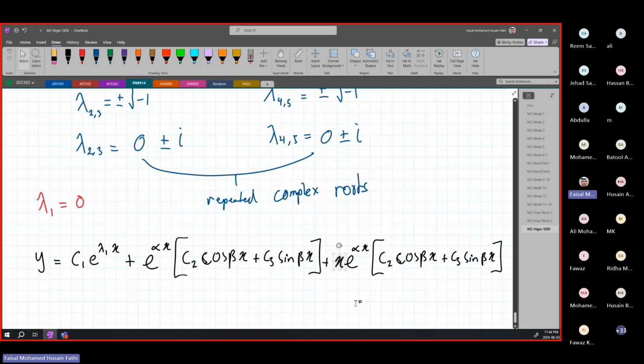When it's a repeated root, whether it's complex or real, you're always multiplying the next part with x.